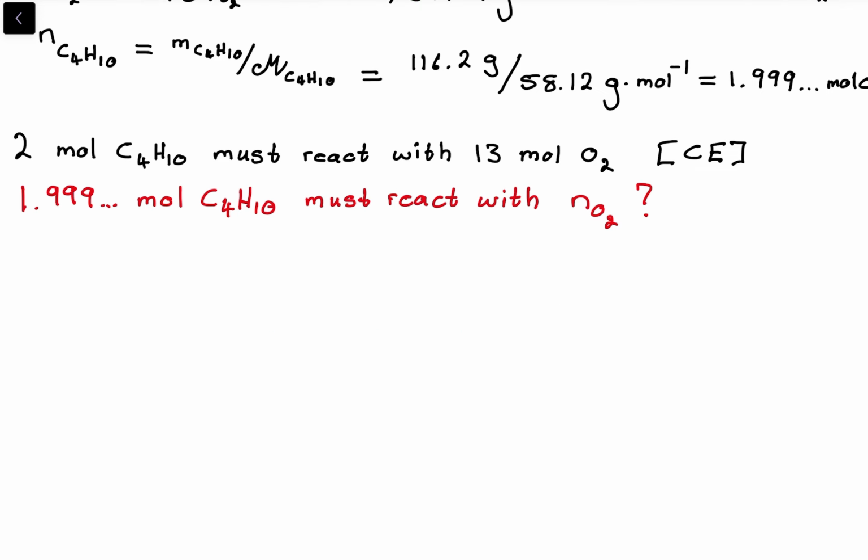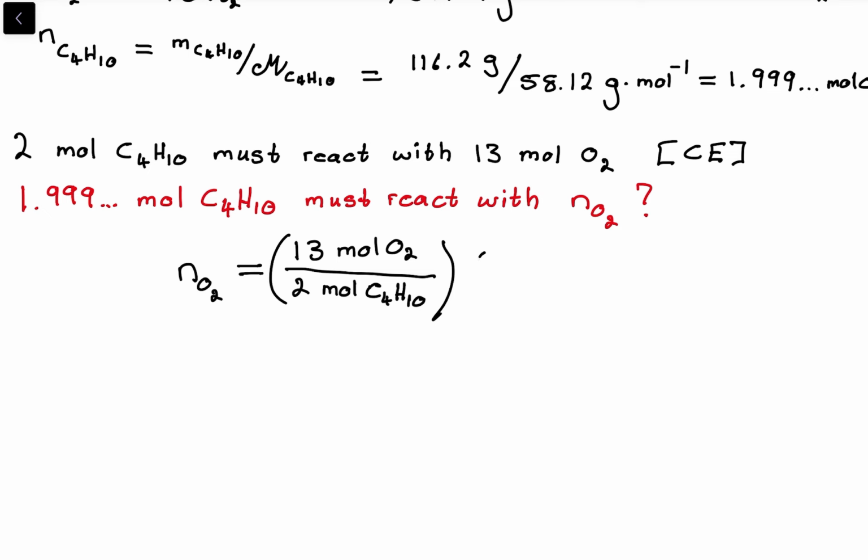Well, here is where you do your quick check. You can do your ratios or you can just quickly calculate it. So the O2 required in this case would be: we need 13 mole O2 for every 2 mole butane. We have 1.99 mole butane.